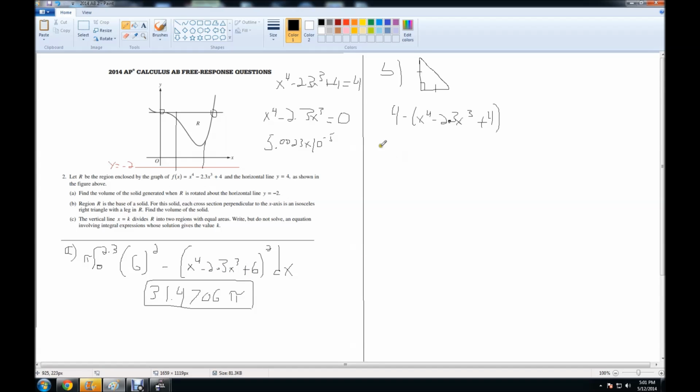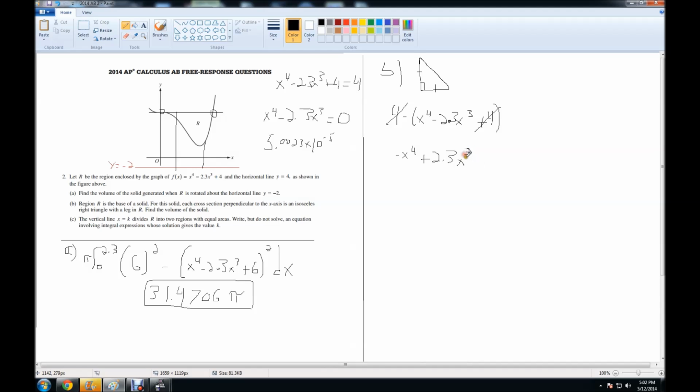We have 4 minus 4 and the 4's cancel, so I'll write that right now. We are left with negative x to the 4 plus 2.3 x cubed. That is one of the legs of our triangles.